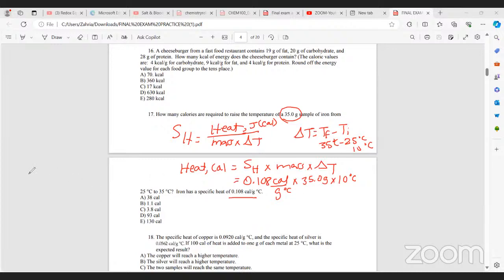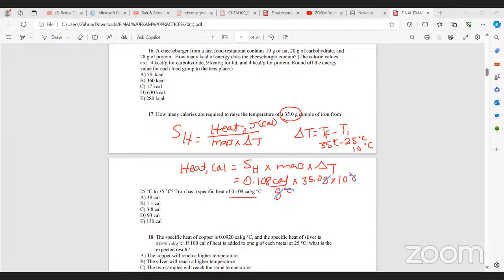Now all you're going to do is cancel out your like terms. So your grams are going to go away, your degrees Celsius is going to go away, and now all you're left with are your calories. So plug this into your calculator: 0.108 times 35 times 10, and that gives us 37.8.